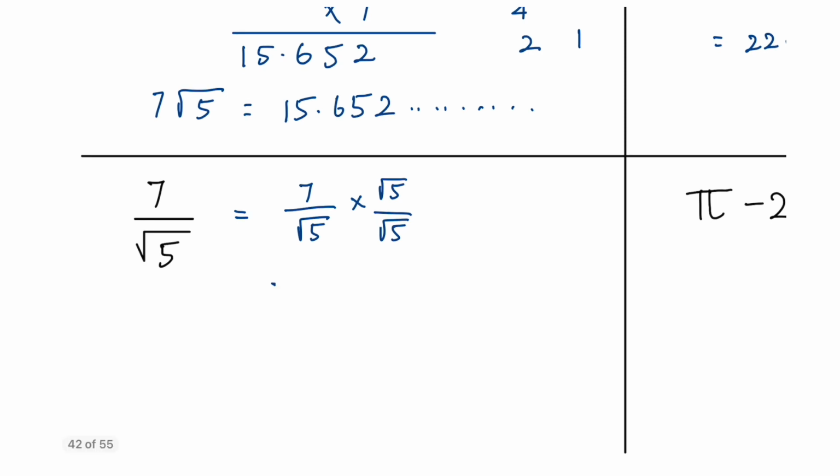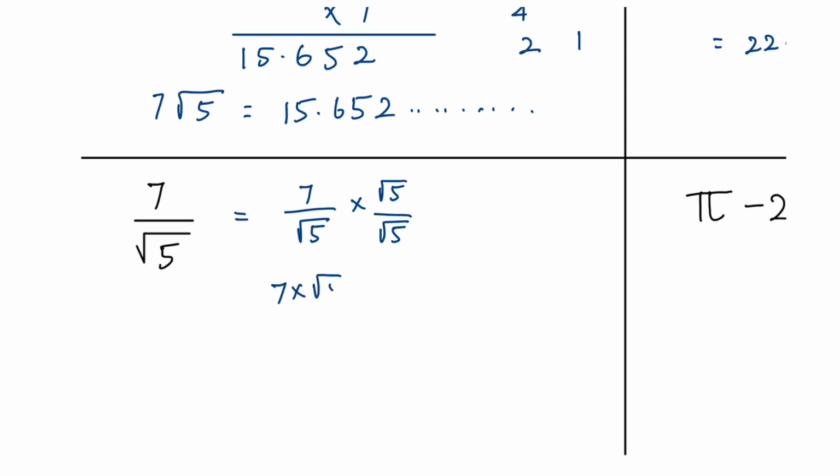Now 7 into root 5 would be your numerator and root 5 into root 5 would be your denominator, right? Root 5 into root 5 is actually 5. So you will get 7 root 5 divided by 5. Okay, so this is the value.